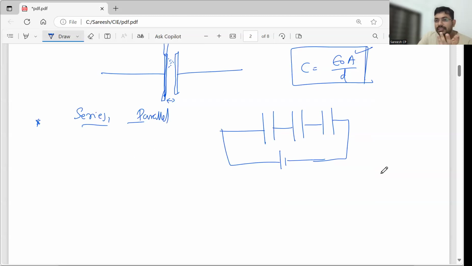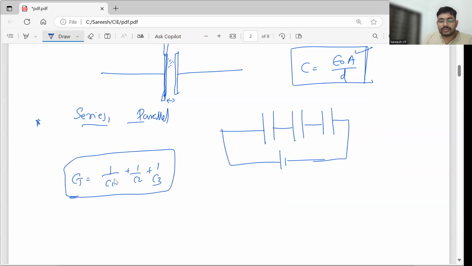When you connect capacitors in series, the total capacitance becomes less. 1 by C total equals 1 by C1 plus 1 by C2 plus 1 by C3. This is the total capacitance when we connect capacitors in series.